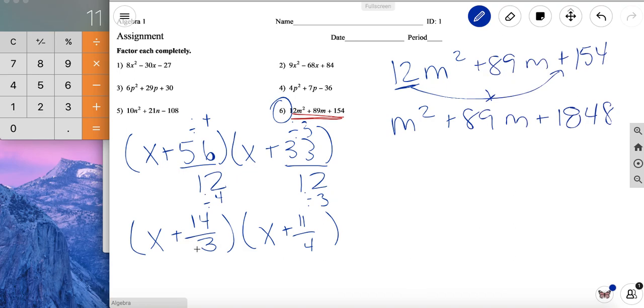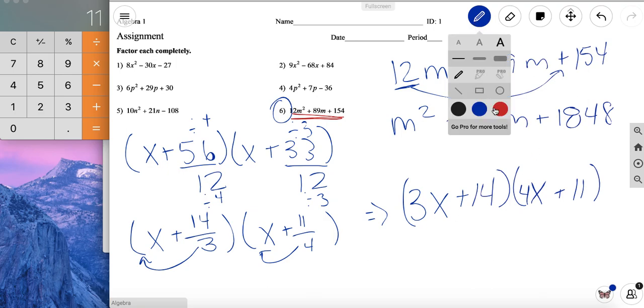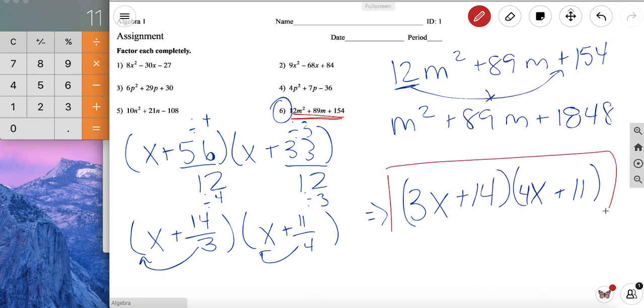I think hopefully this will get us a good number. Okay, now we need to take our denominators and swing them out in front. So we get 3x plus 14, 4x plus 11. Hopefully this got the right answer. How do we know this is our right answer? We need to FOIL.